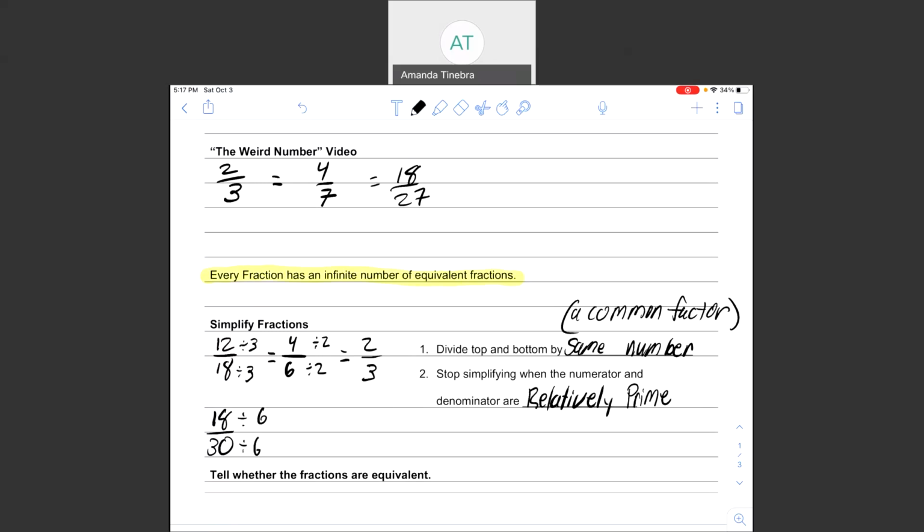So I'm going to divide both of these numbers by 6. 18 divided by 6 is 3. And 30 divided by 6 is 5. Now 3 and 5 are both prime numbers. That means they are relatively prime. Once both the numerator and the denominator, the top and the bottom, are relatively prime, that means that we are in simplest form.